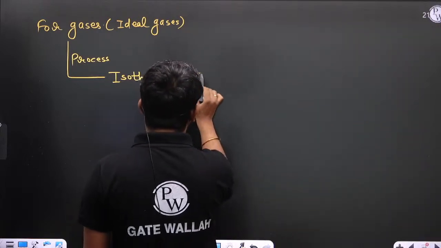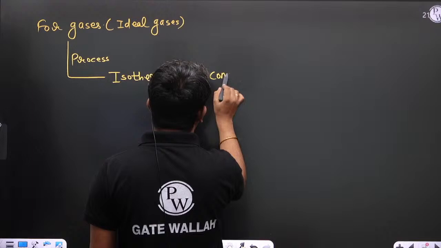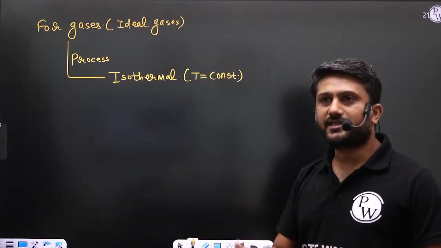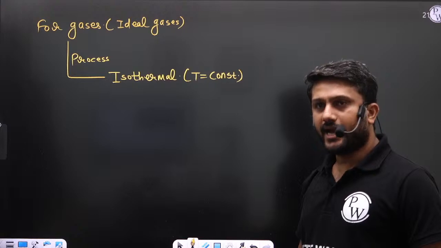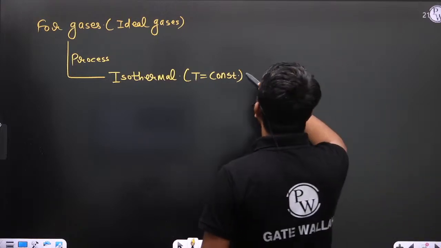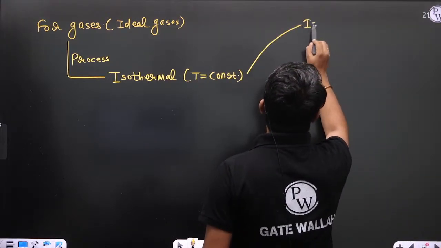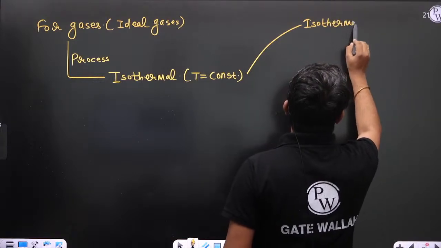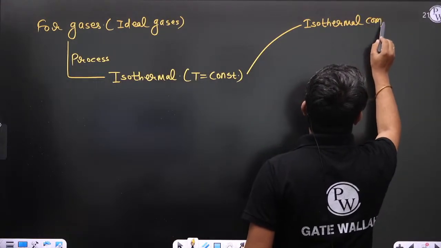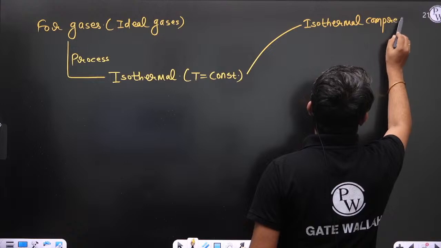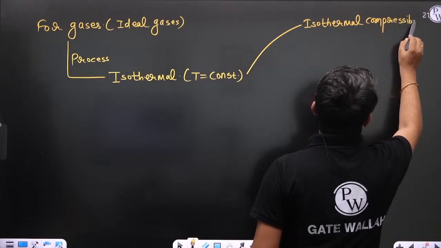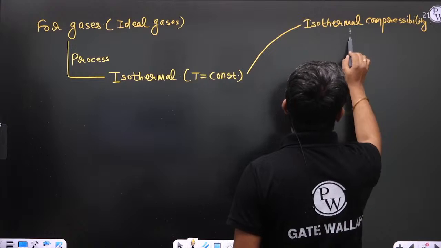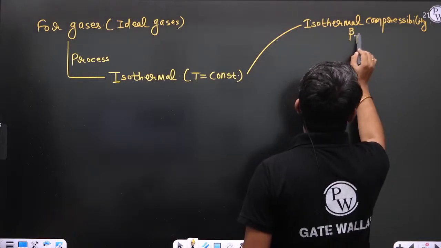Isothermal process means temperature is constant. So when the process is isothermal, then isothermal compressibility comes into picture, and isothermal compressibility is denoted by beta T.